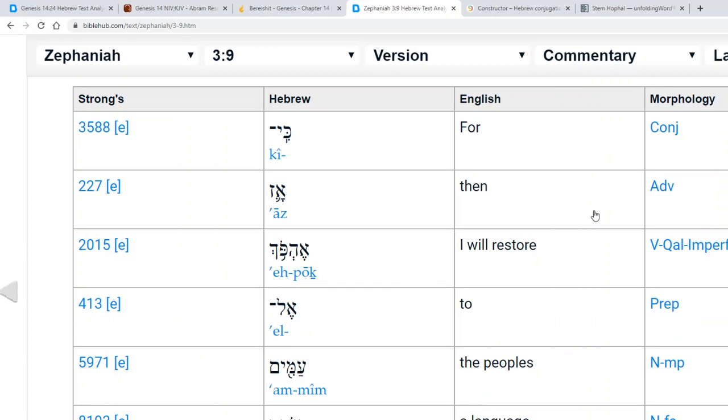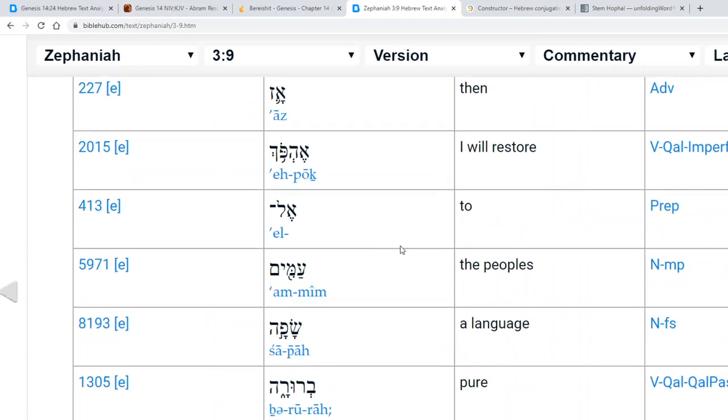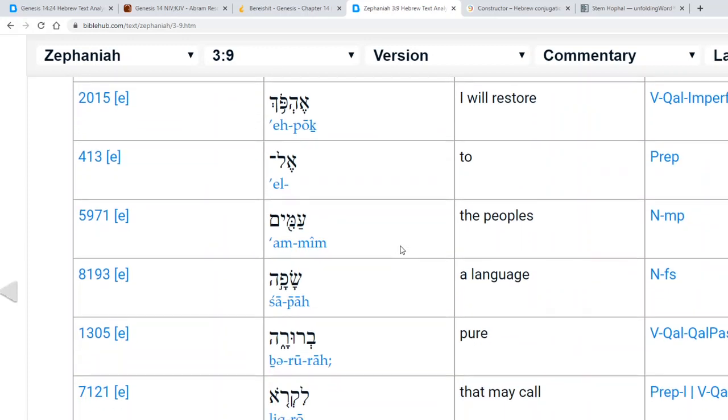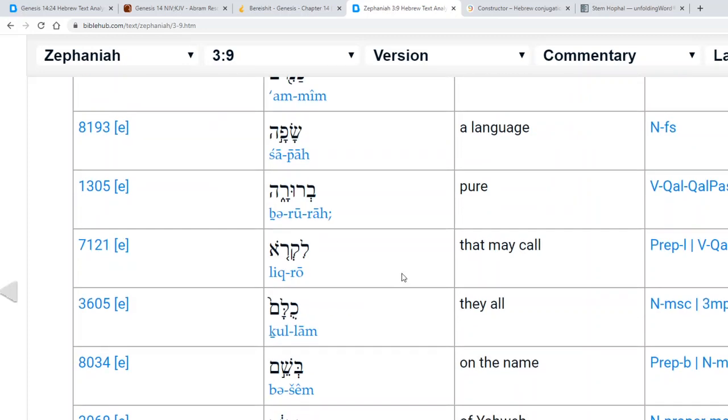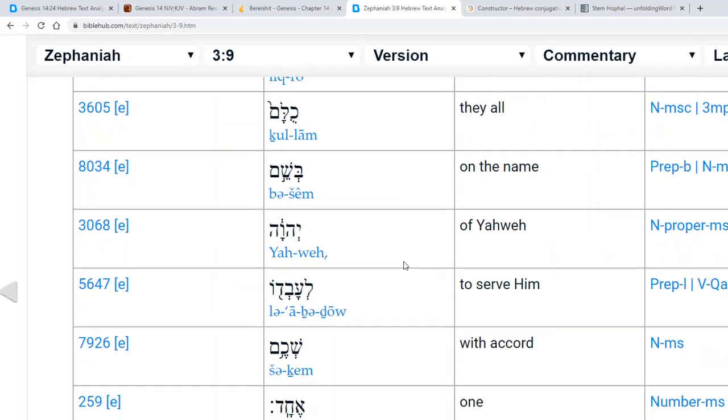I believe we're really, with all the tools and everything that's available to us, God is turning over to all the people a pure, clean, clear language, so that we could all call in His holy name, to serve Him shechem echad, with one shoulder, with one accord.